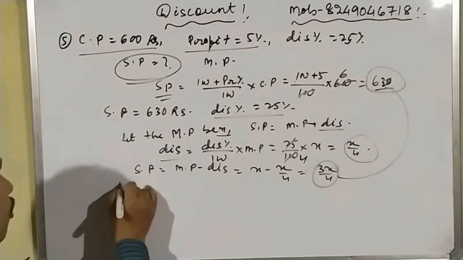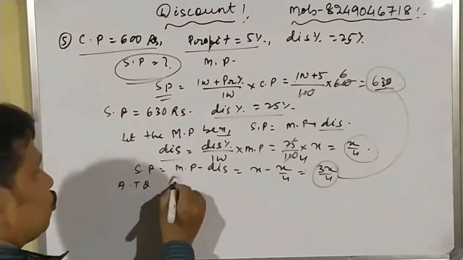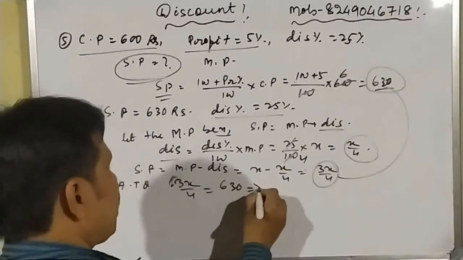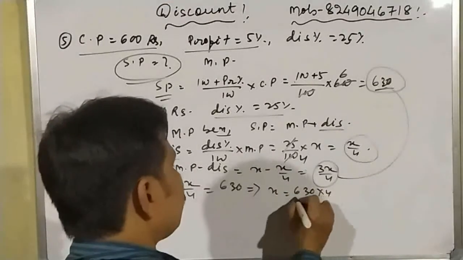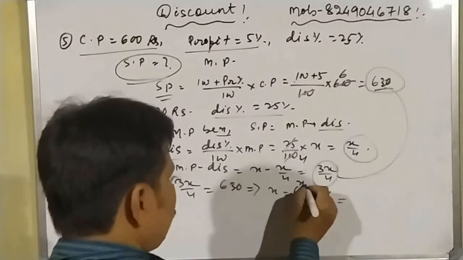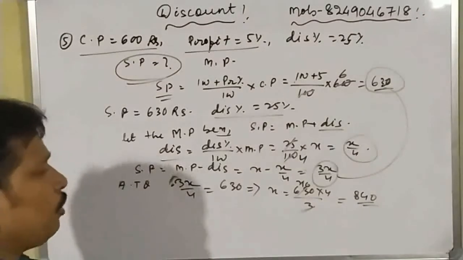According to the question, 3X by 4 is equal to 630, which implies that X is equal to 630 into 4 by 3, which is equal to 210, so 840. So here the mark price is equal to 840.